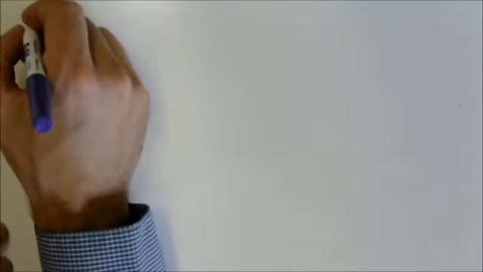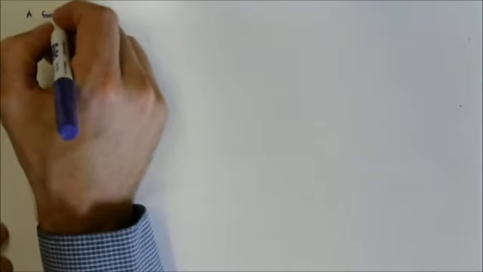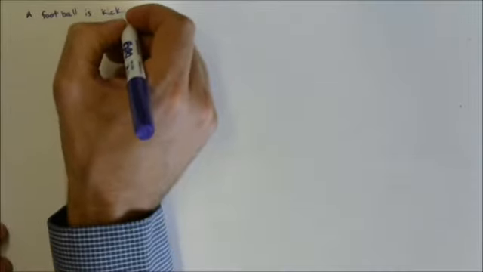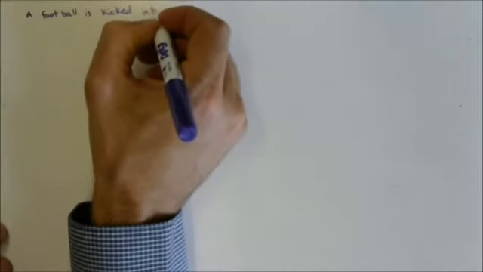Okay, last example, example 3, calculate and interpret average rate of change from an equation. The equation is here. We have a football kicked into the air. A football is kicked into the air.